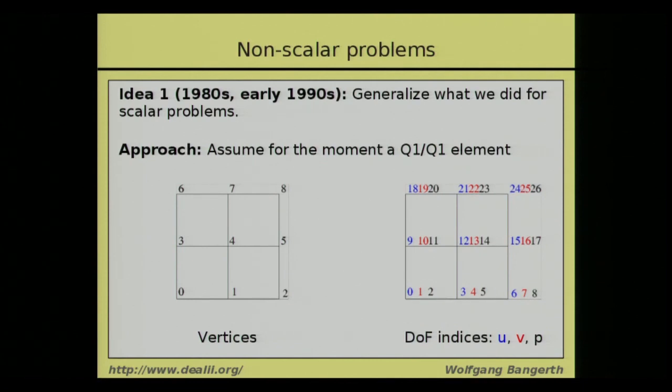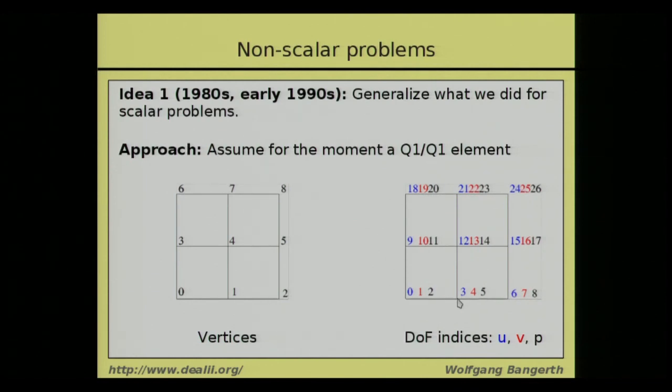So if we use a Q1 element for the discretization, then I have, for example, in this mesh with 9 vertices or 9 nodes, at every one of these nodes, an x velocity and a y velocity and a pressure. And let me enumerate these degrees of freedom in the following way. 0, 1, 2: the x velocity at this node is degree of freedom 0, the y velocity is degree of freedom 1, and the pressure is degree of freedom 2.